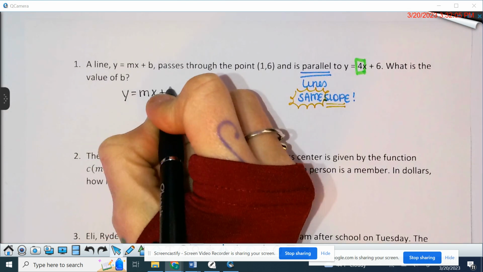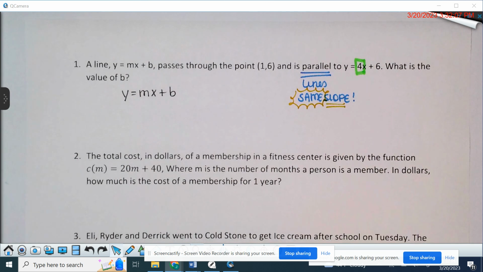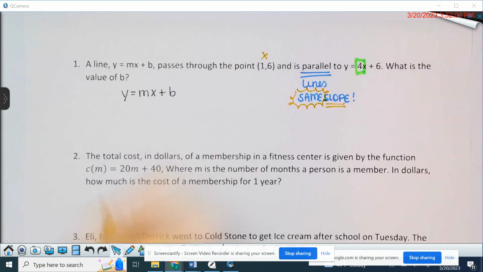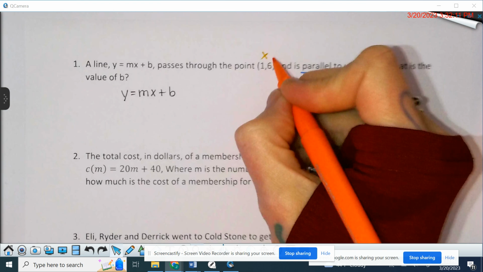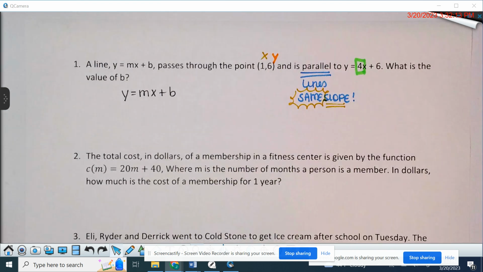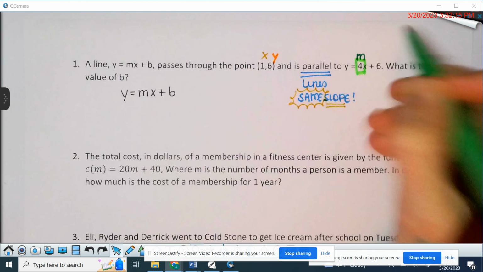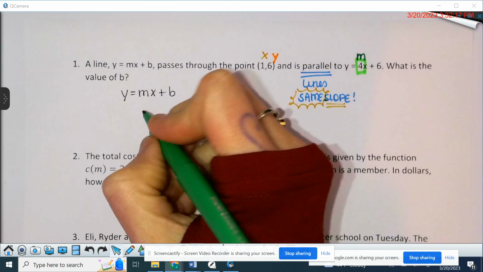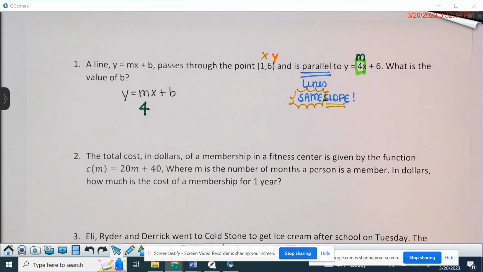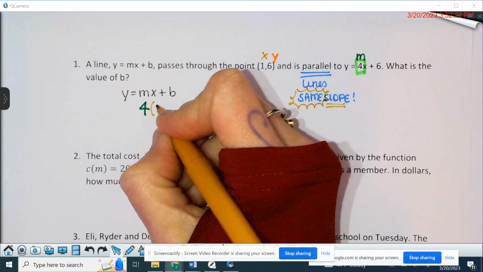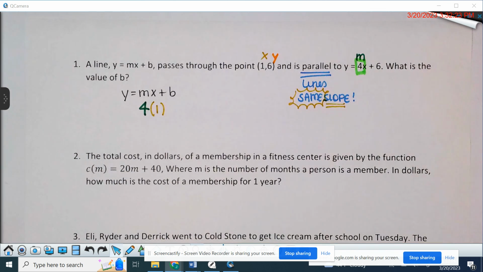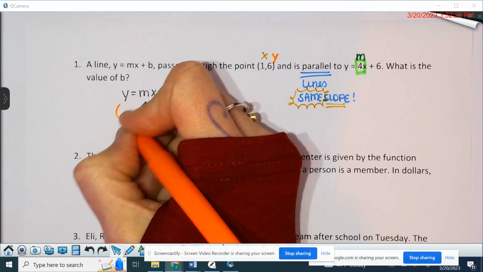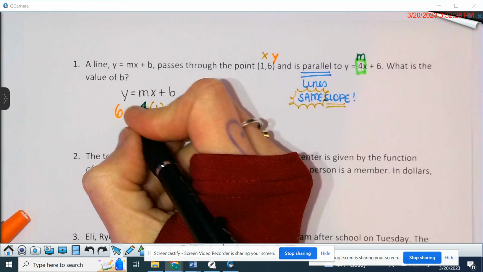Because I have an x, I have a y, and I have an m. We know the slope is going to be 4 because it is parallel, which is the same. We're going to multiply that by 1 because we know that's our x value. We're going to solve for b, and our y value is going to be 6.